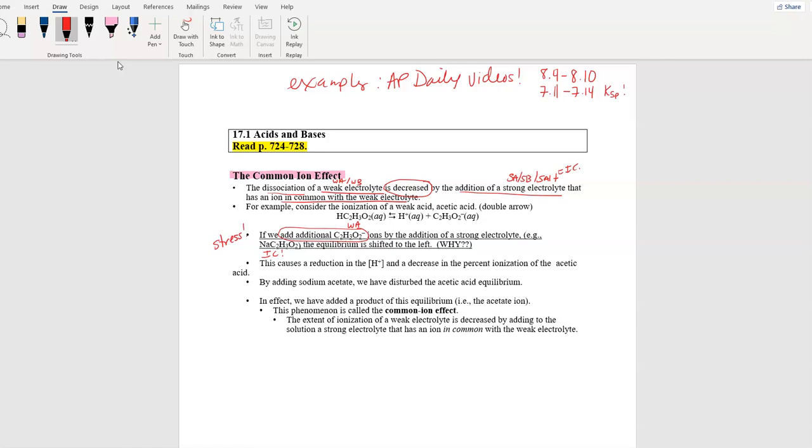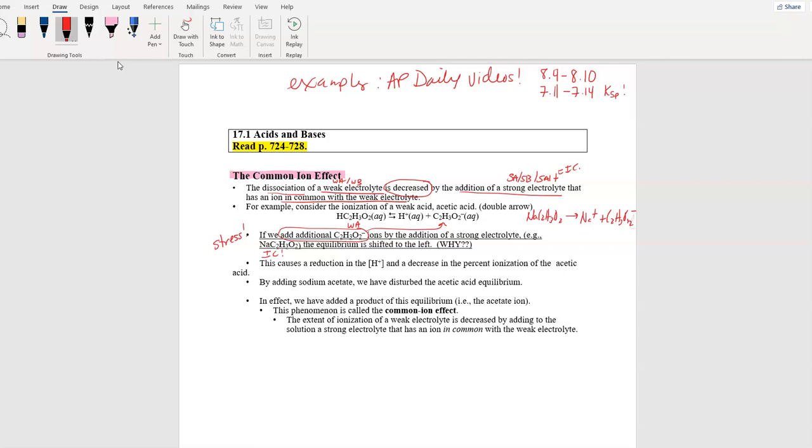Mr. Le Chatelier is back. By adding that salt, where are you affecting the equation? I'm affecting it here. I just said I'm adding some sodium acetate. When this guy hits the water, it will completely dissociate, and I'm going to get my Na plus and my acetate. So in my solution, I'm going to form some Na plus, but I'm also going to form some more acetate.